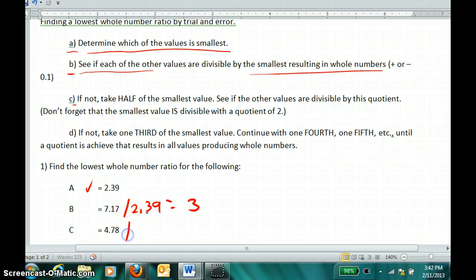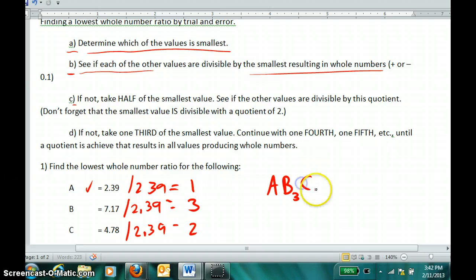And if I divide the second value here by 2.39, I get 2. And of course, if I divide 2.39 by 2.39, I get a 1. So this seemingly obscure ratio of 2.39 to 7.17 to 4.78 is really a whole number ratio of 1 to 3 to 2. And the empirical formula would be AB3C2.